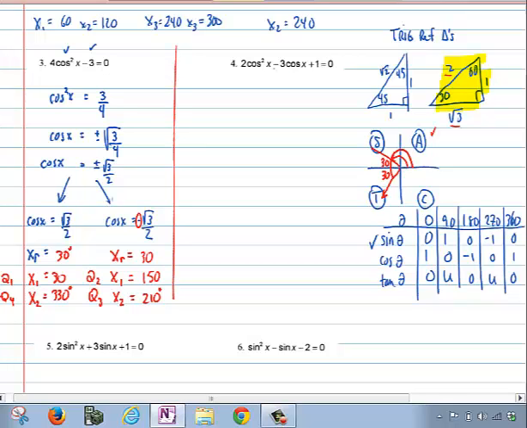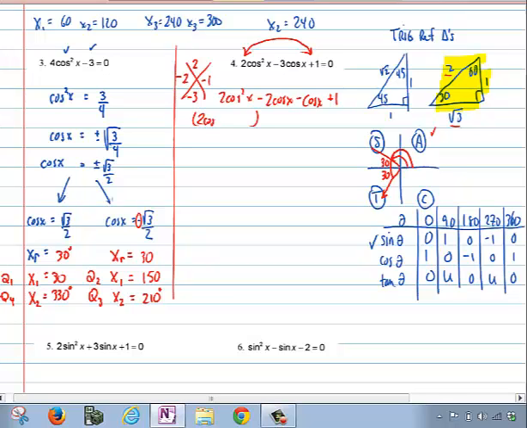Moving right along, we need to factor this trinomial. If you use the x method of factoring, you would ask what multiplies to give you 2. That's the AC method. Adds to negative 3, and that would be negative 2 and negative 1. We rewrite that as 2 cosine squared of x minus 2 cosine of x minus cosine of x plus 1. We do our grouping.